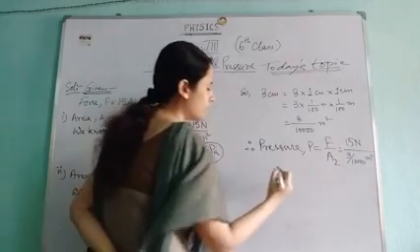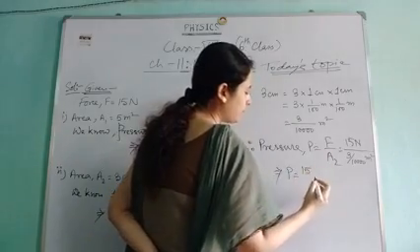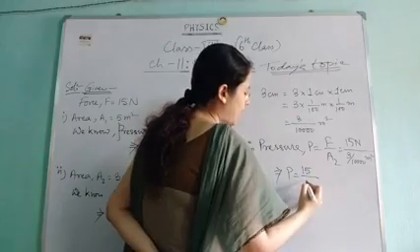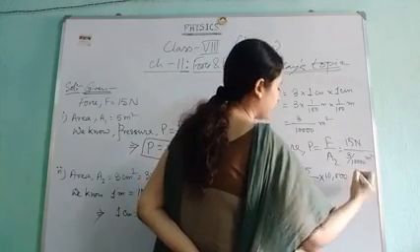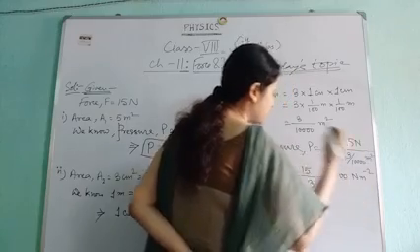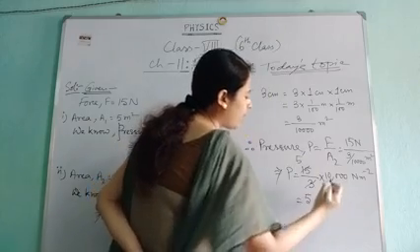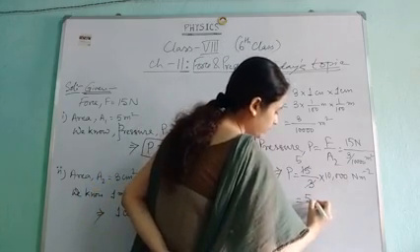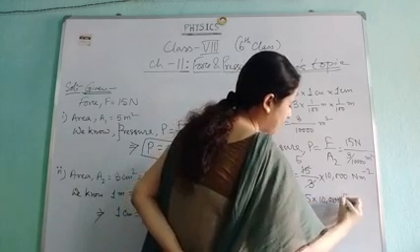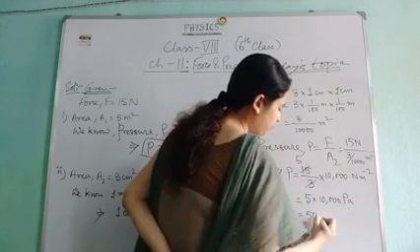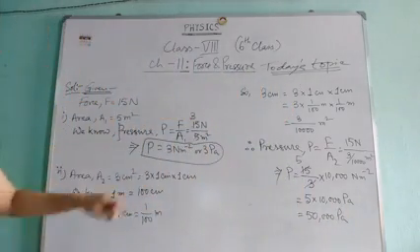So from this we can write P equals 15 by 3 into 10,000 Newton per meter square. So this is going to be 5 into 10,000 Pascal, that is 50,000 Pascal.